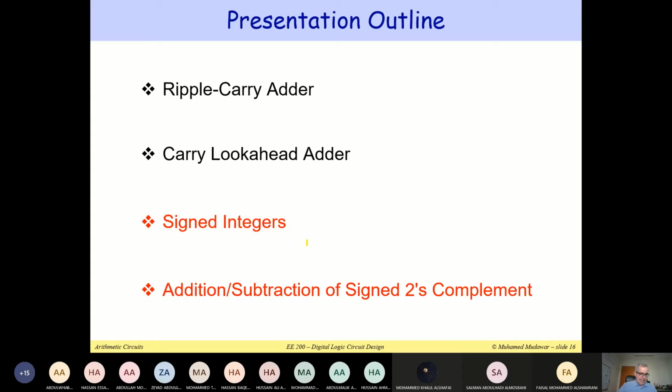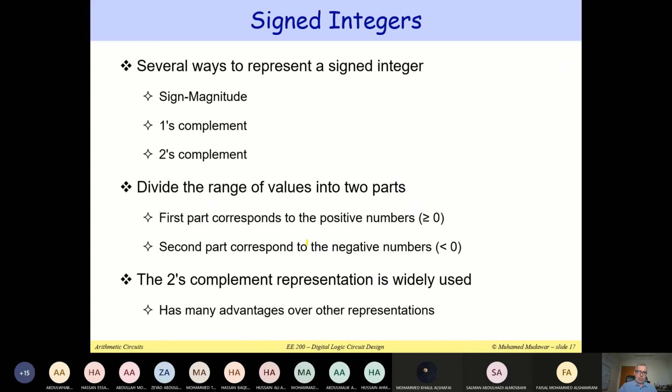Right. So my next topic will be about signed integers and the addition and subtraction of signed 2's complement numbers. I already talked about signed integers at the beginning of the semester. We have seen that we have several ways to represent a signed integer, like signed magnitude, the 1's complement and 2's complement. So this is a quick revision of what we have seen at the beginning of the semester.